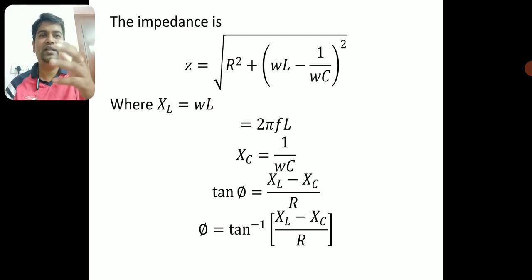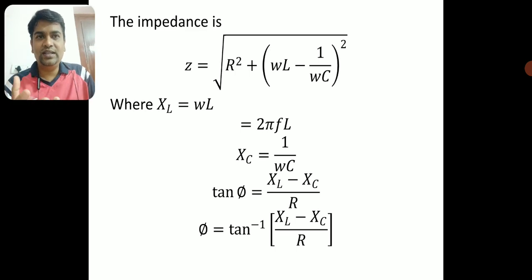And I am defining this omega L as XL, which is equal to 2 pi FL. And I am defining this 1 by omega C as XC, which is 1 by omega C. So I can write this tan phi as XL minus XC divided by R. Instead of writing omega L minus 1 by omega C, now I am writing it in terms of XL and XC. Now this phi will be tan inverse of XL minus XC divided by R.